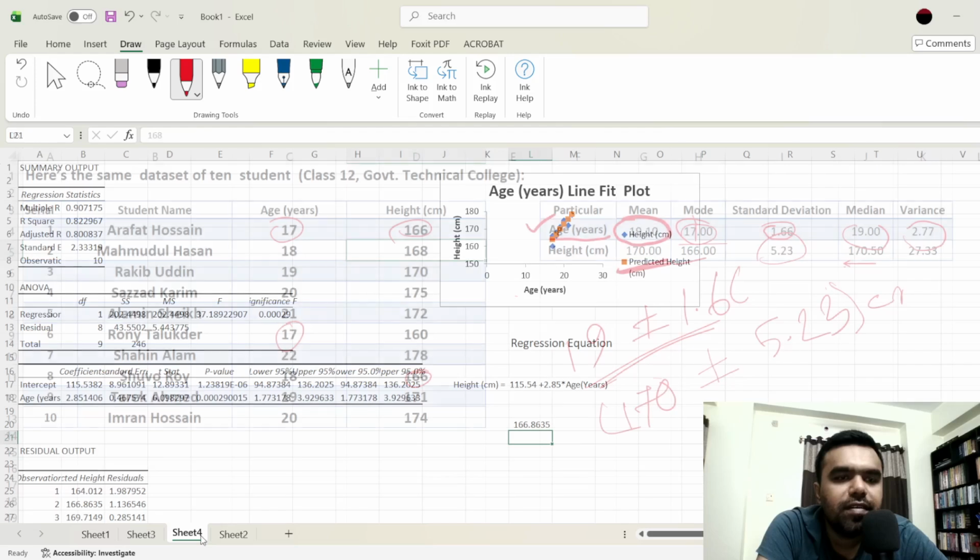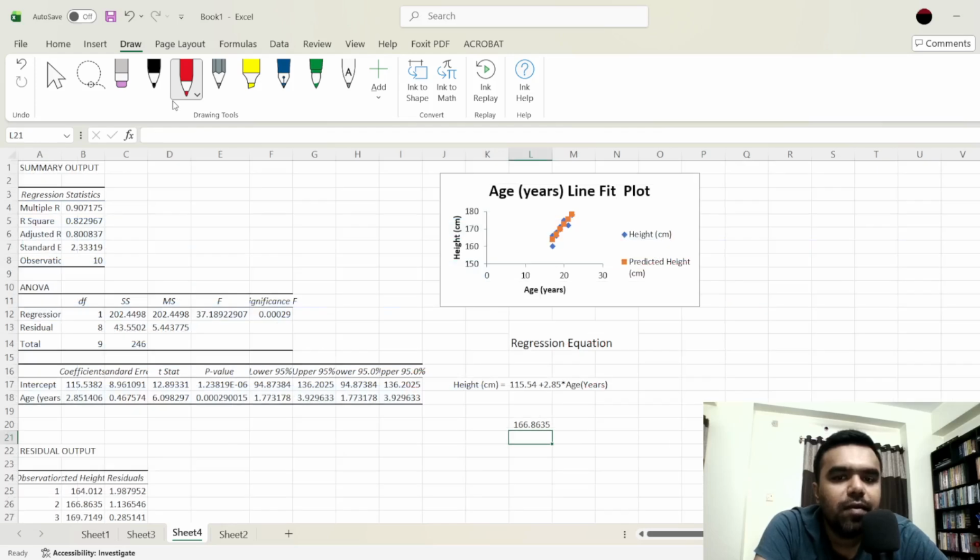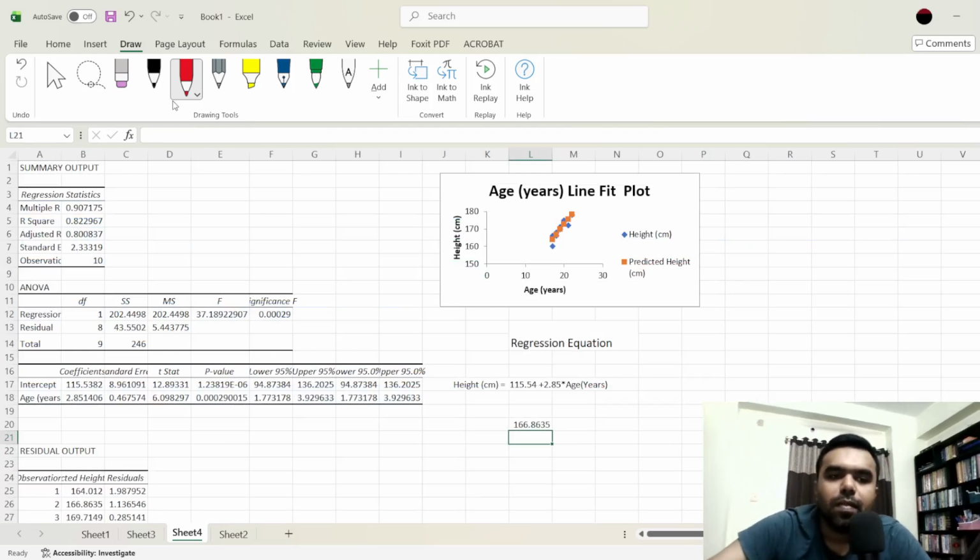Now we'll interpret the regression analysis and ANOVA. From this regression analysis, we can see the summary output.